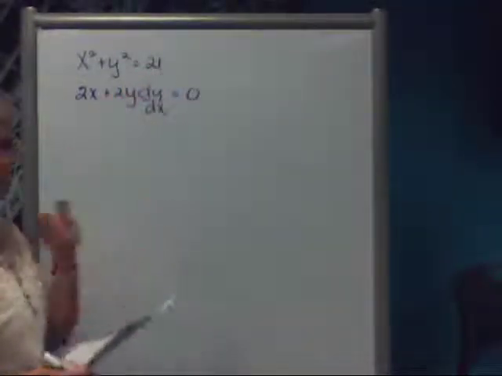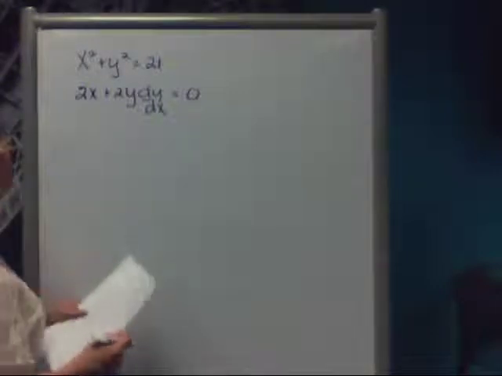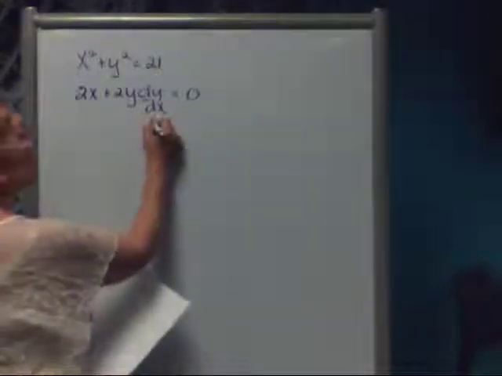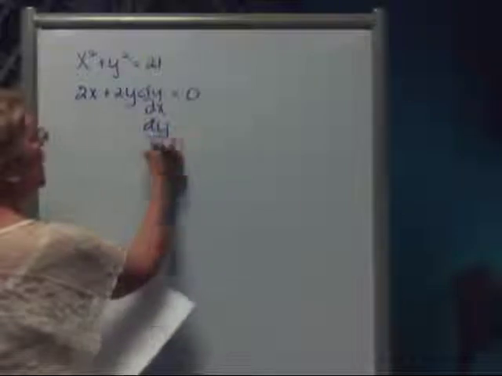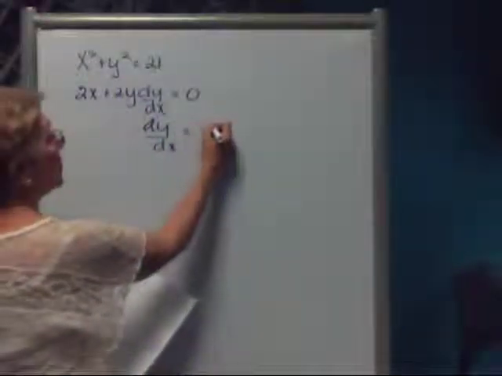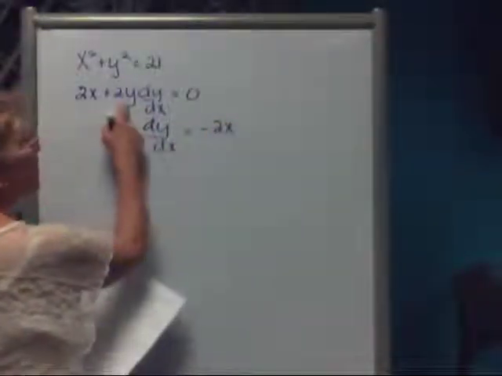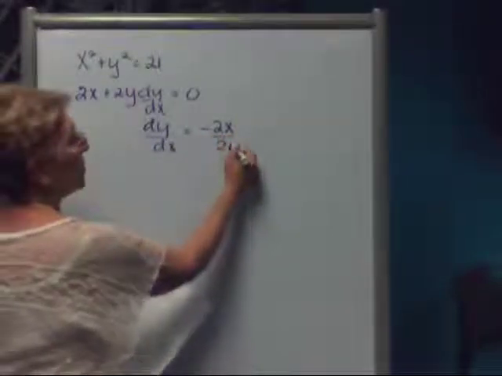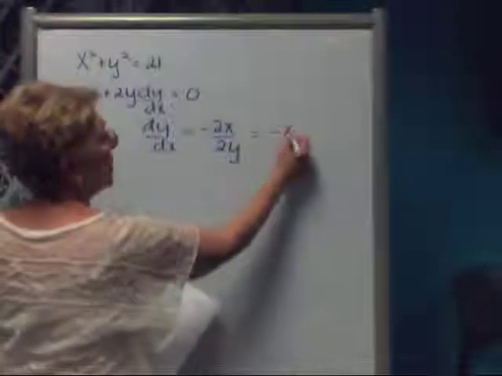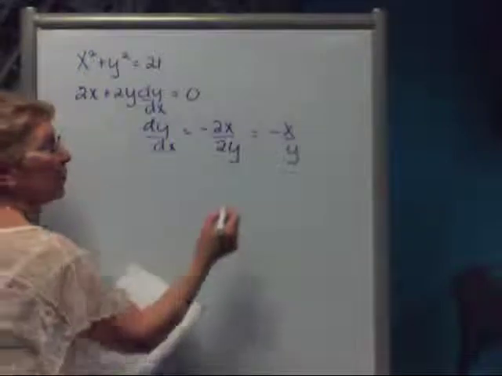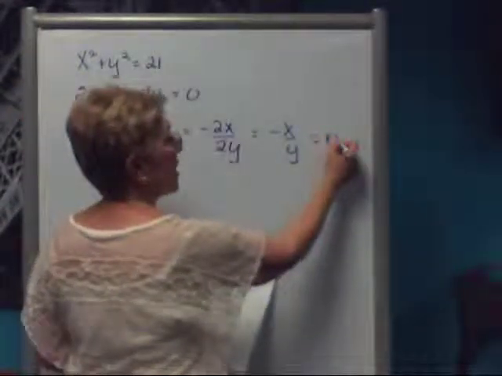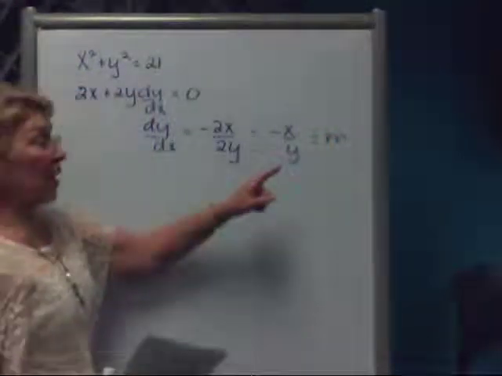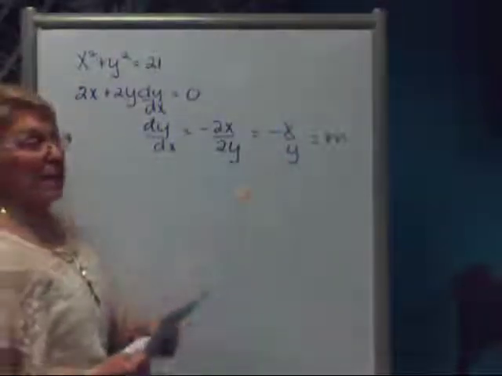Derivative of a constant in any kind of differentiation is 0. Solve for dy dx by subtracting 2x from both sides and then dividing by the unwanted multiplier. That will leave us with this, which is going to be our m. And notice that it's got both an x and a y in it.